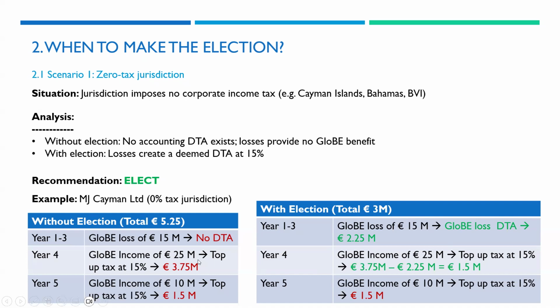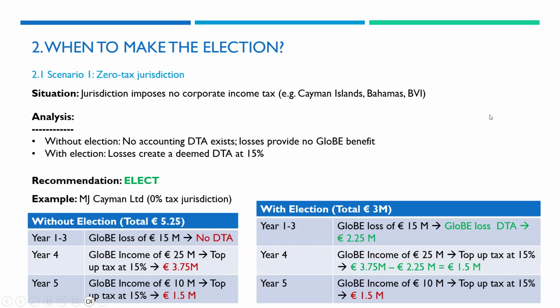And in year 4, when I have 25 million and my top up tax rate is 15%, this top up tax I will reduce from my deferred tax asset. So 3.75 minus 2.25, I will only pay 1.5. And in the fifth year, since this 2.25 is completely exhausted, I will pay the whole 1.5. So in such a scenario, what would be the total tax I will pay over the 5-year period? 1.5 plus 1.5, I will only pay 3 with this election.